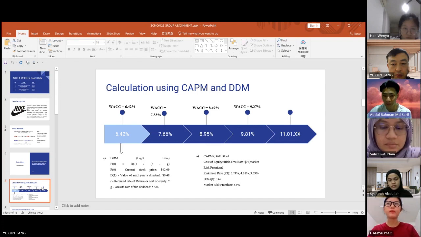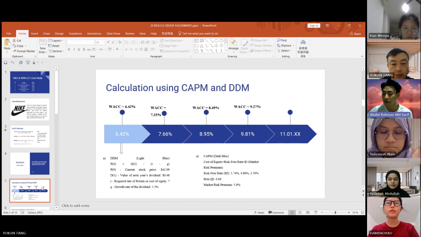All right, for the CAPM method, when calculating the cost of equity, you can see that the cost of equity is 9.81% using the 20-year bond yield, and the WACC is 9.27%.